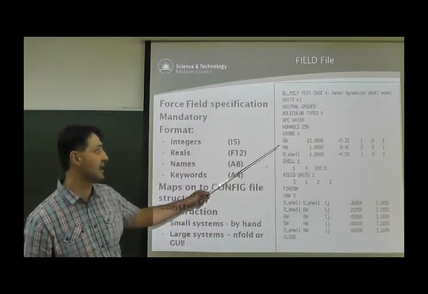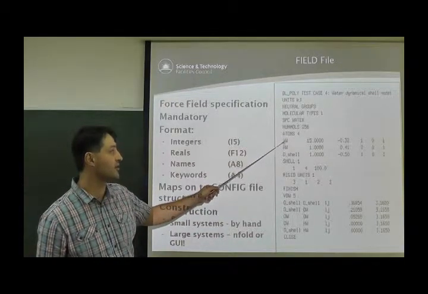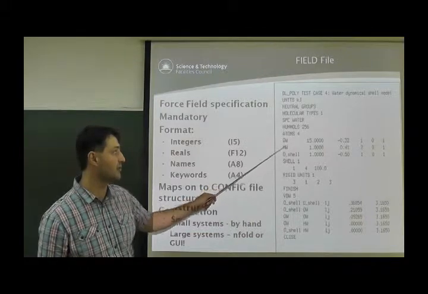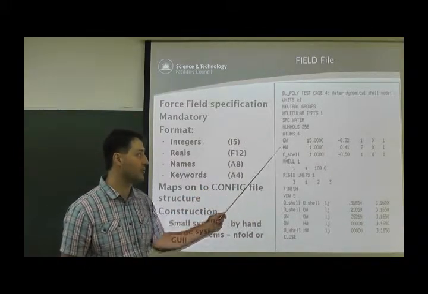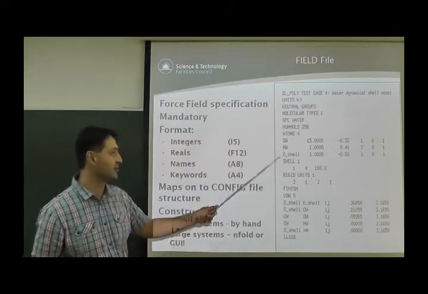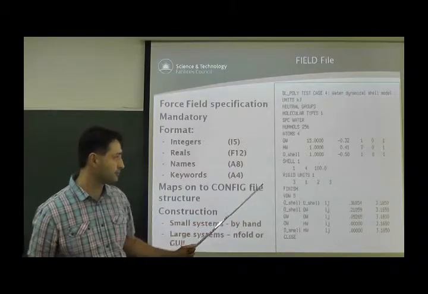And then we say what the type of molecule has in it. So in this case, it has an oxygen named OW, a hydrogen HW. It also has shells. So as we'll see later on, we use the core shell model, which is indicated here as shell.